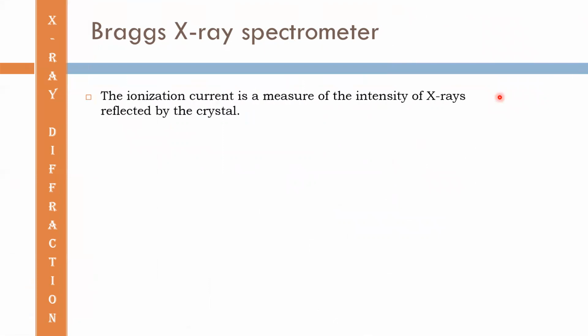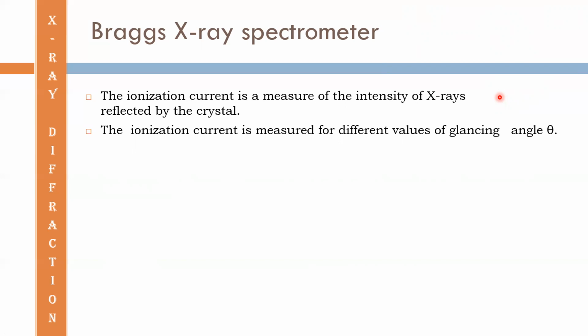So this ionization current is a measure of the intensity of X-rays reflected by the crystal. The ionization current is measured for different values of glancing angle theta.